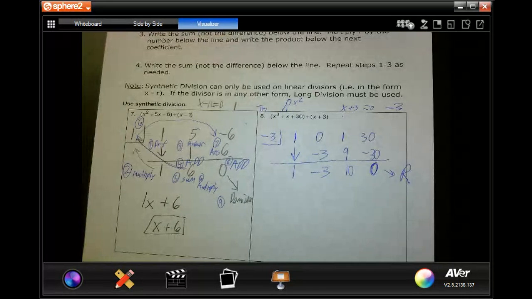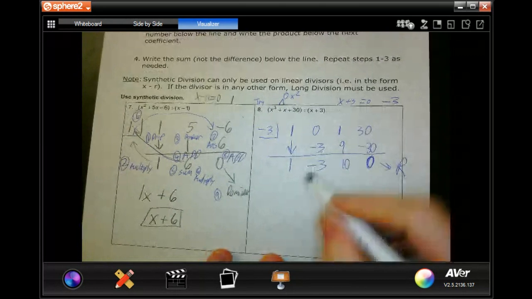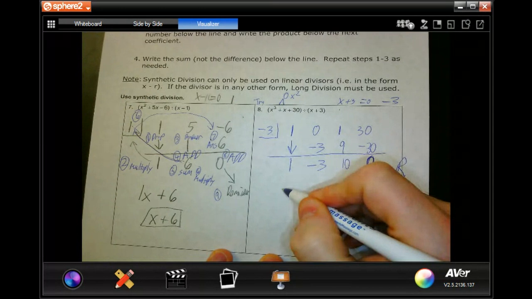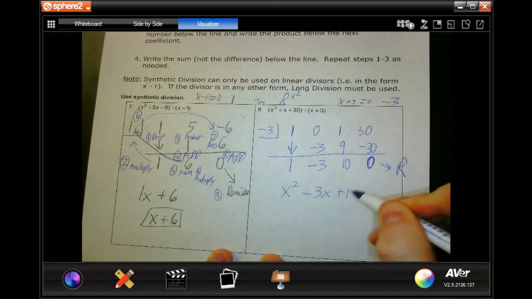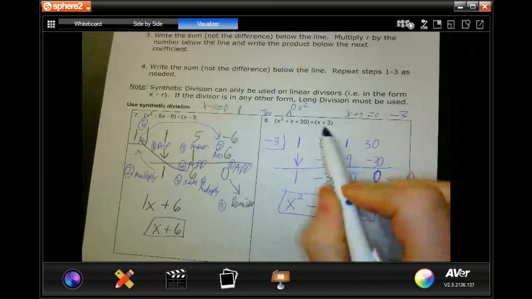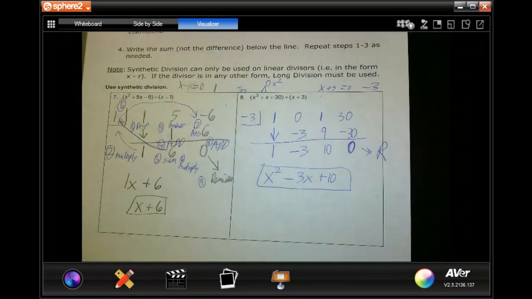Good. So we're going to have a quadratic. And here's your quadratic. Ready for the magic? Here's the rabbit coming out of the hat. We're going to have 1x squared minus 3x plus 10. If you did long division on these guys, that's what you would have come out with. Much easier, huh? Much less writing.